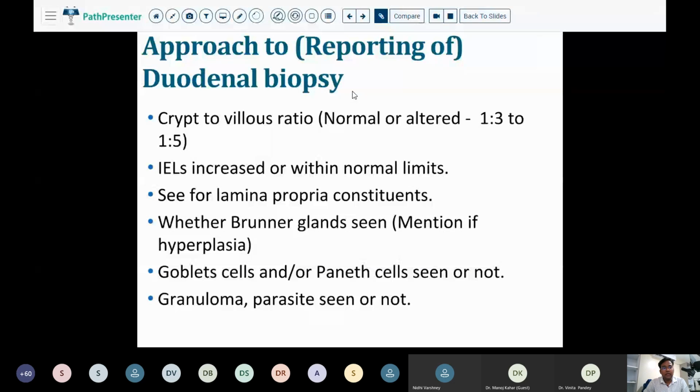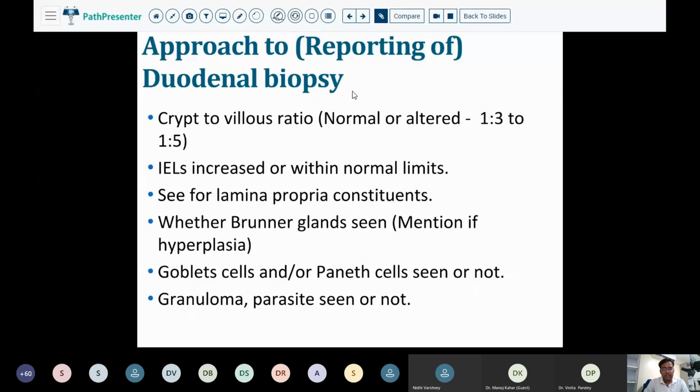By convention, 6 to 10 IELs are said to be normal. If they are more than 20, they are abnormal, and their significance rises when they are more than 30 or 40 per 100 enterocytes. The intraepithelial lymphocytes are to be counted per 100 enterocytes.